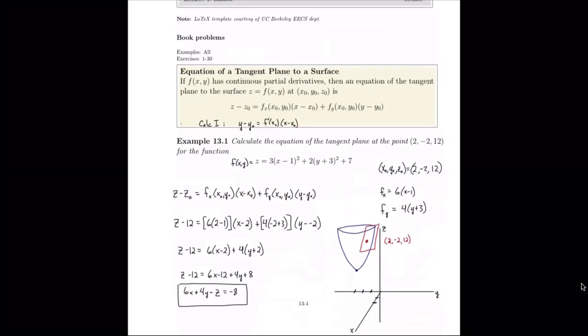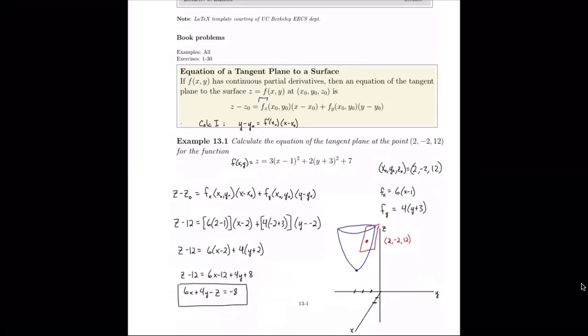So we can start out simply with this. We'll just calculate the equation of the tangent plane, and this is just formulaic, just to see how we might use this. We'll recognize that if we're given a function z equals some expression of x and y, then we know that z, of course, is f of x, y. So when we go to use the formula above, there's no confusion about who is who.